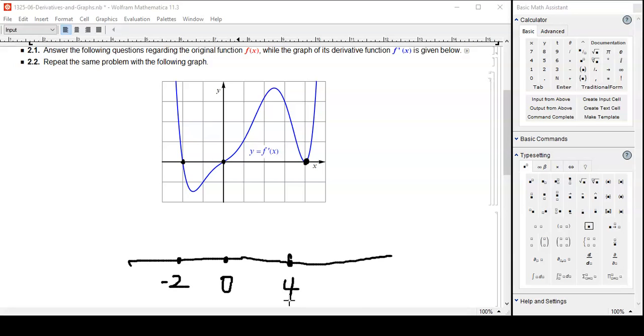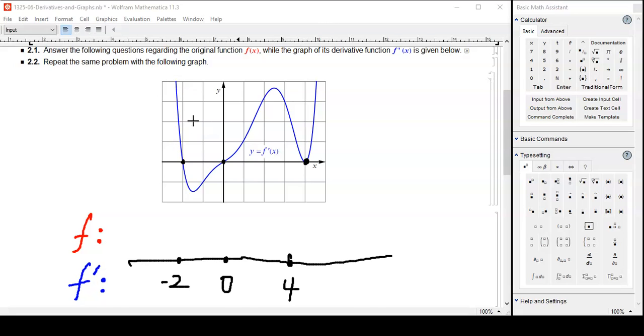Doesn't have to be to scale, just the ordering makes sense. Okay, and the derivative function, and then the original function. Let's look at the derivative function first.